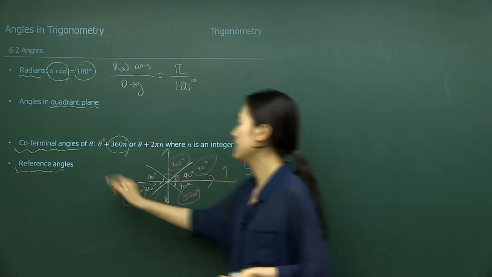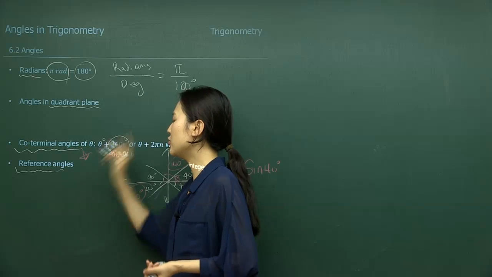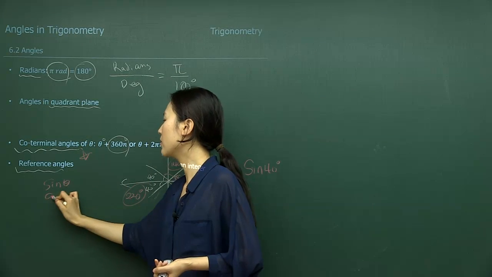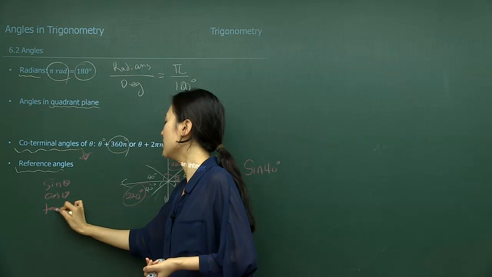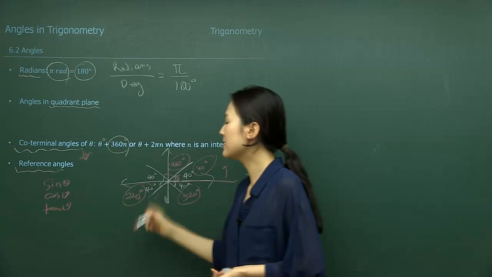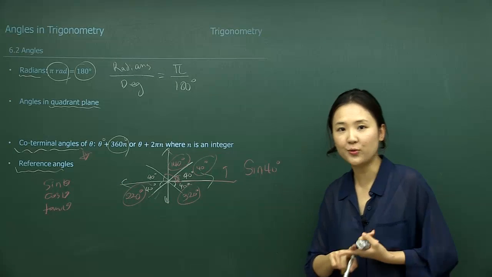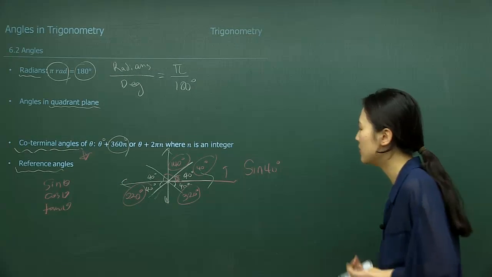Reference angles are special because the sine, cosine, or tangent of the angle and of its reference angle are equal in terms of ratio. That's why they're so special.